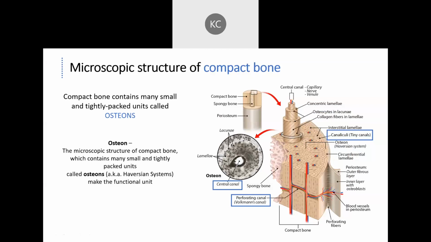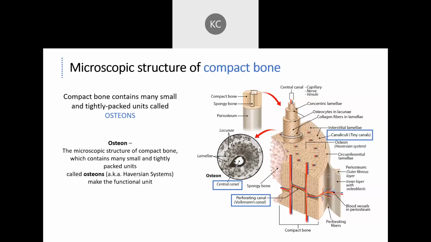For compact bone, the structural unit that actually makes up the bone, if you were to take the whole bone and look at what individual units make it up, is something known as an osteon. The osteon is this kind of concentric circular structure. It's one structure, but bone is made up of many of them, and they're packed together very, very tightly.